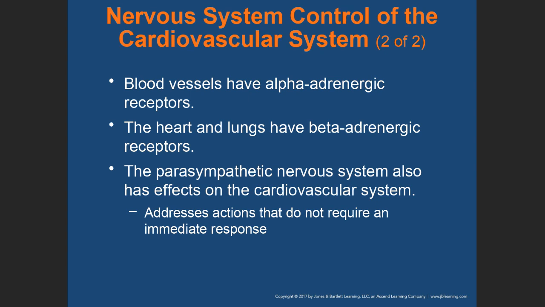Now, there is a counter system to the sympathetic system. So you have the sympathetic response, which is fight or flight, and you have the parasympathetic response, which is the rest and digest part of the nervous system.